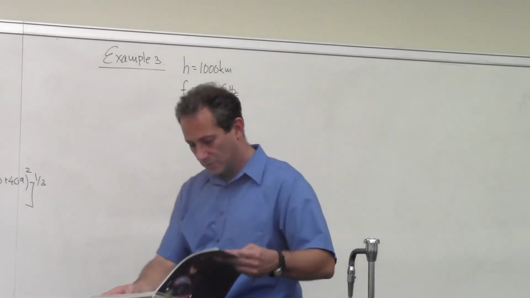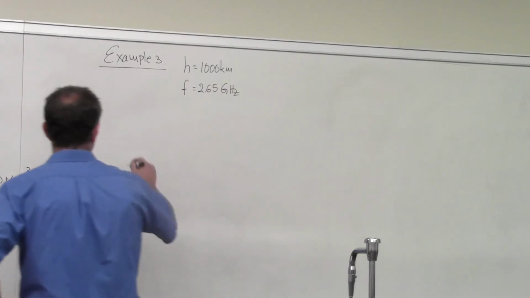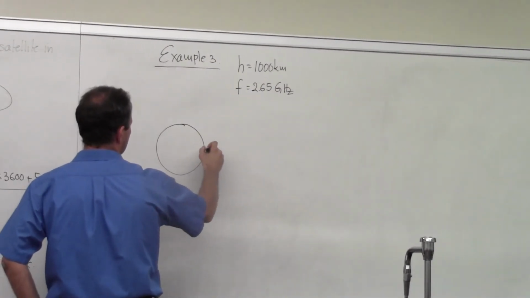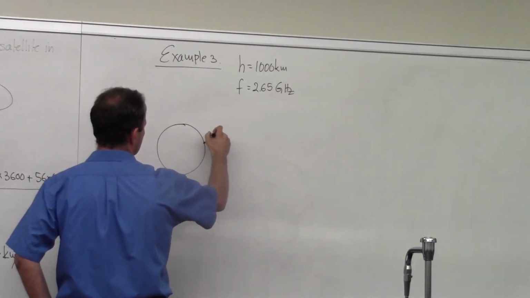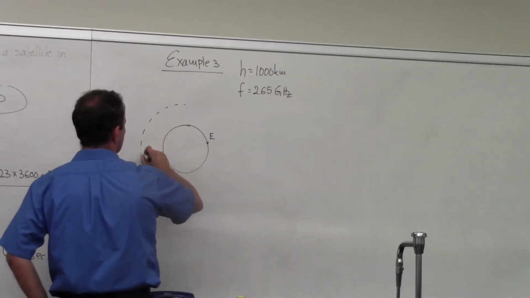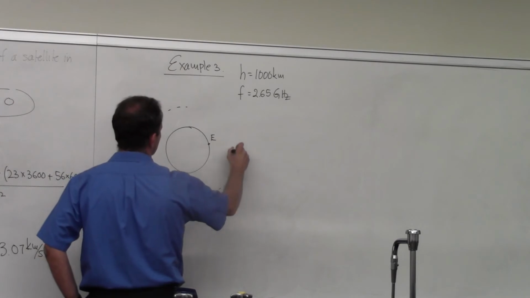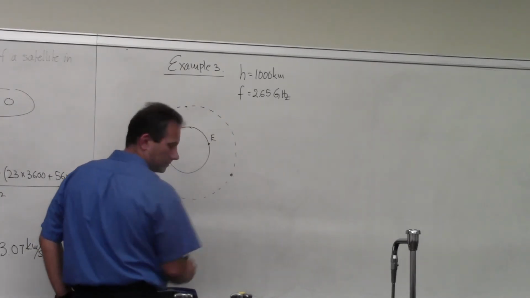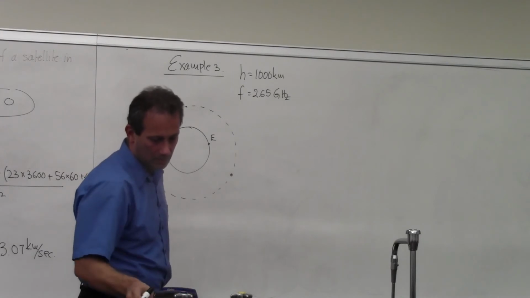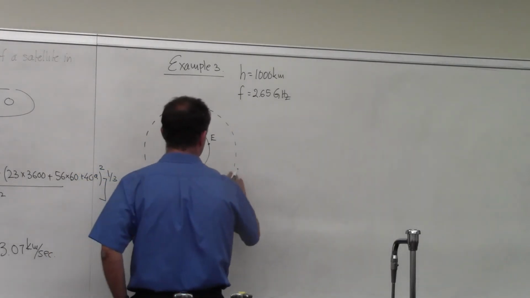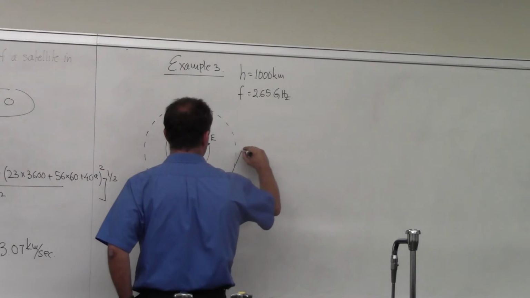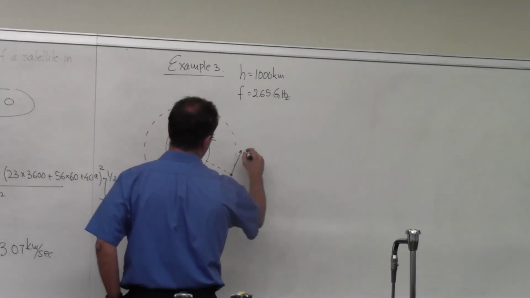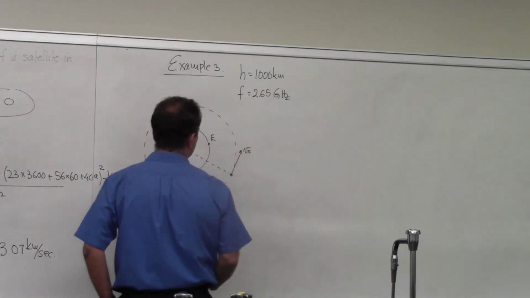So let me draw the picture so that we know what we're talking about. Here's the Earth, here's the Earth station, and here's the orbit of the satellite. The satellite moves, this is the velocity of the satellite.